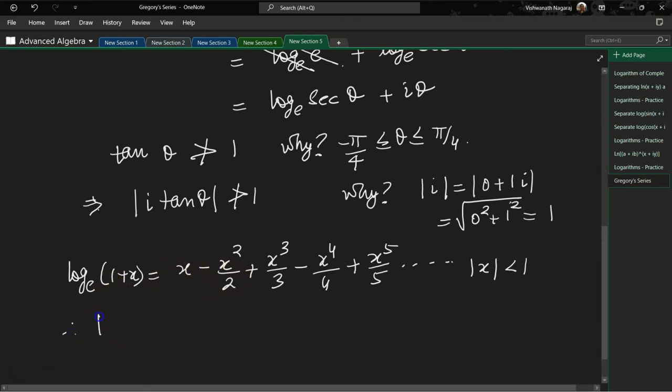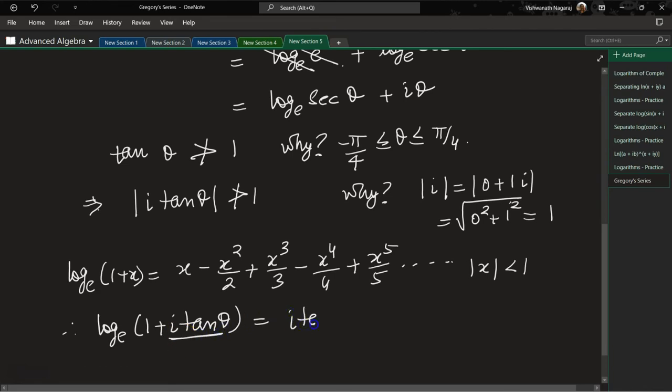So therefore, log e of 1 plus i tan theta is equal to, wherever you have x, substitute i tan theta. So what do we get?